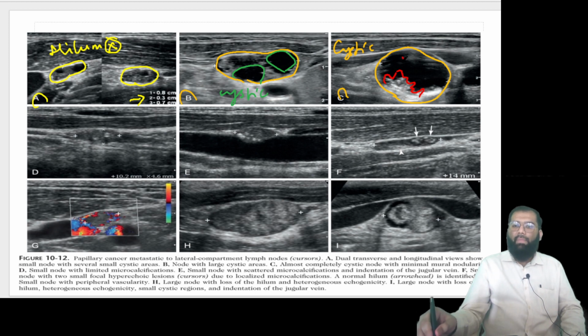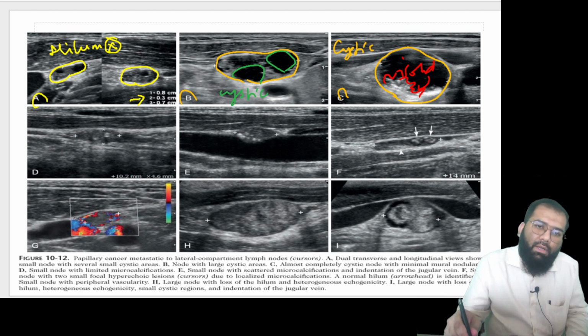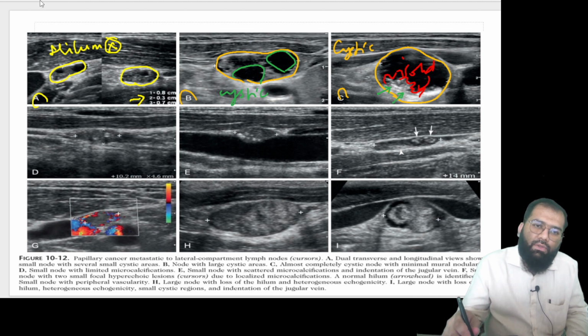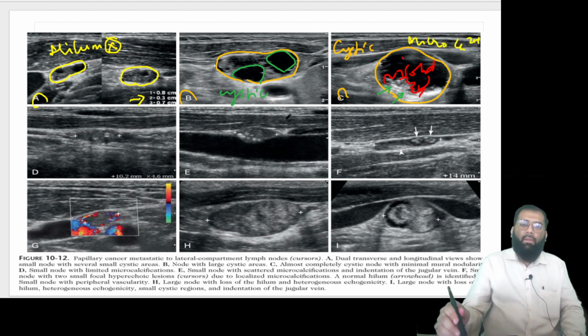So this is a papillary solid area within the cyst. And most importantly, can you notice that there are tiny microcalcifications within the cyst? So along with solid areas, there are tiny microcalcifications within the cyst.